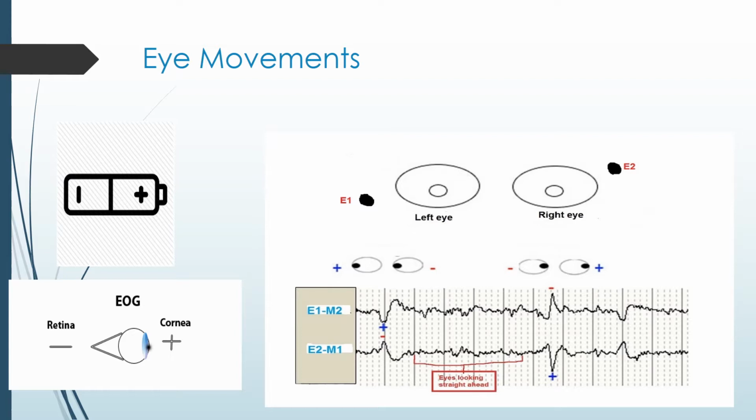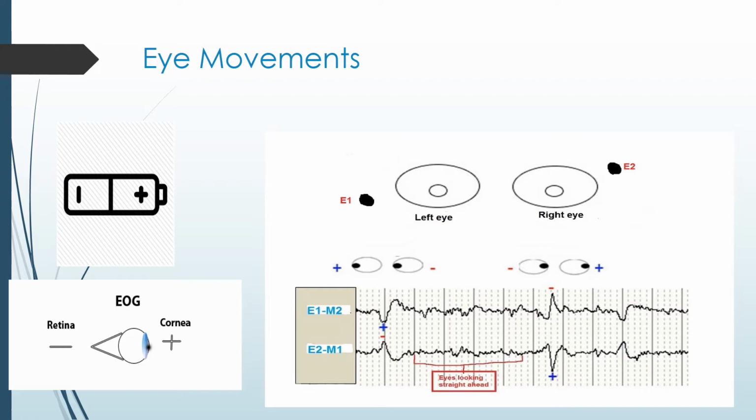A positive deflection means it goes downward. When we say positive in EEG, this means our pens actually move down on the tracing or on the paper. So as the positive part of the eye, again the cornea, moves towards the electrode, we're going to see the downward deflection on our tracing.